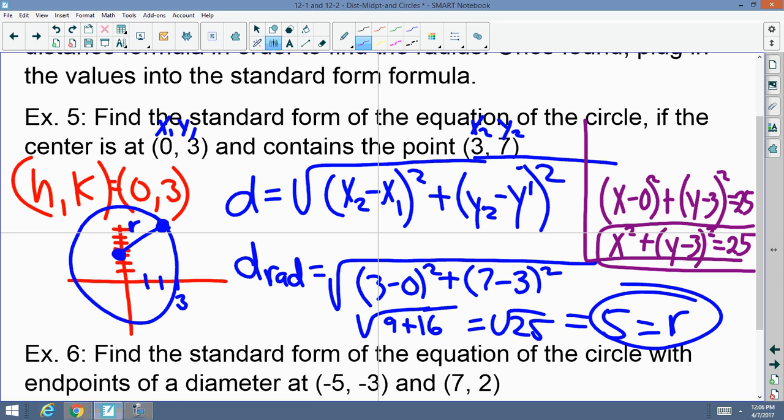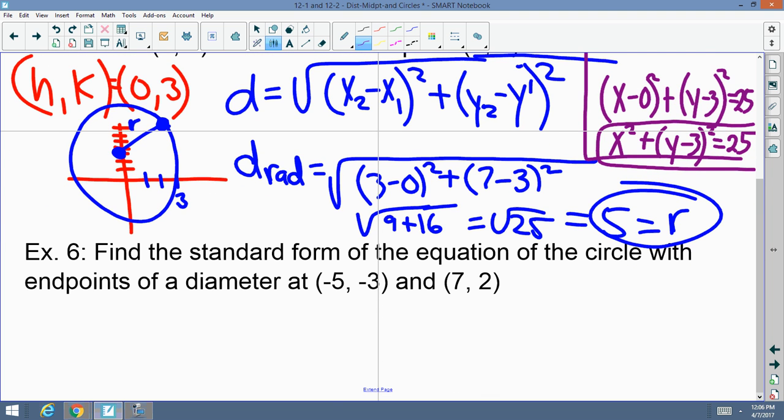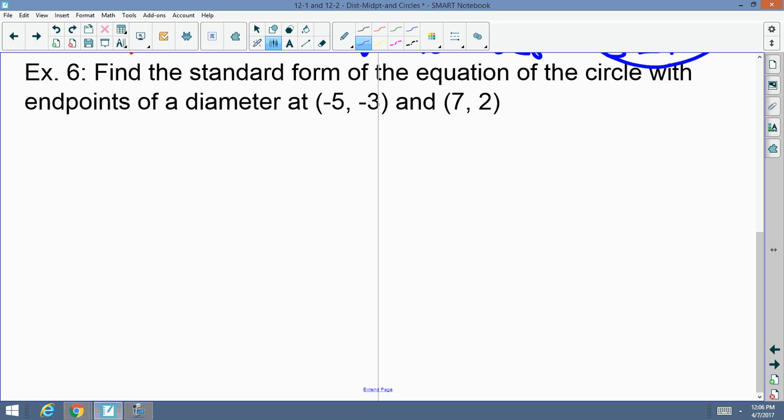Okay. What happens now if I tell you to find the standard form of the equation of the circle with the endpoints of a diameter being at -5, -3, and 7, 2? Let's visualize. We got 7, 2, and then we got -5, -3.